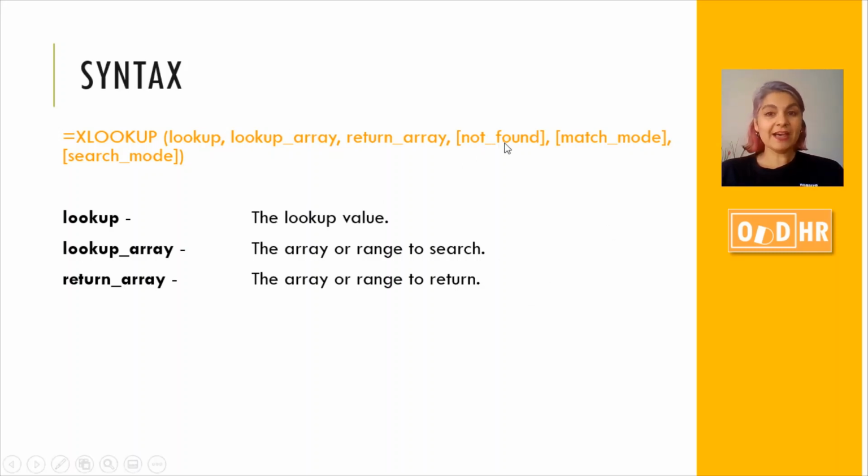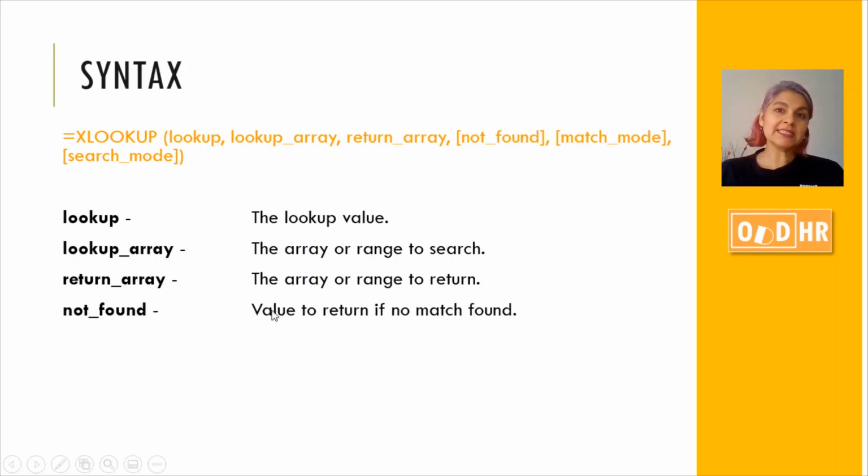Finally, we have these three optional parameters: what happens when some value is not found, the match mode, and the search mode. So not found is essentially where you can pass a text string or a number value or even a blank value within quotes, the value that you want the function to return if there is no match found for your lookup value.